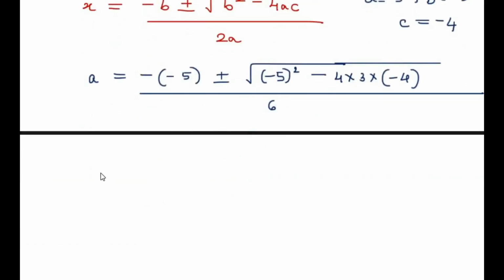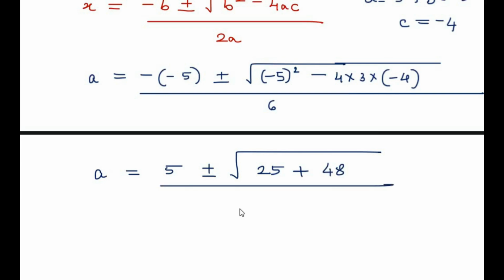Simplifying this, we get a is equal to minus of -5, which is +5, plus or minus square root of, now -5 square gives us positive 25, and negative of negative is positive. So 4 times 3 is 12 and 12 times 4 is 48, divided by 6.